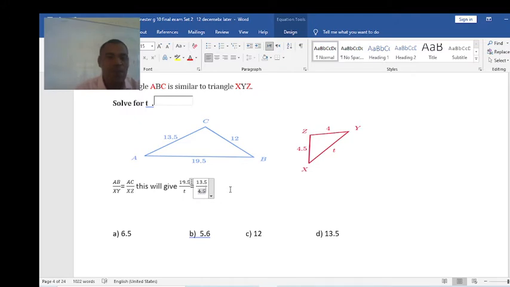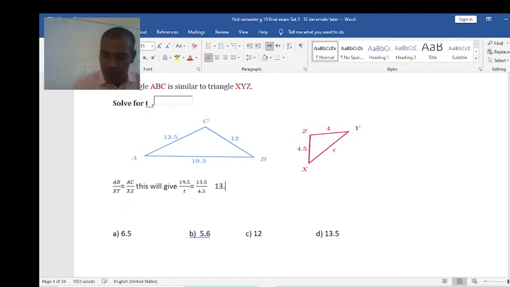Then, my learners, you can use cross multiplying. It will be 13.5 multiplied by T should be equal to 19.5 multiplied by 4.5.